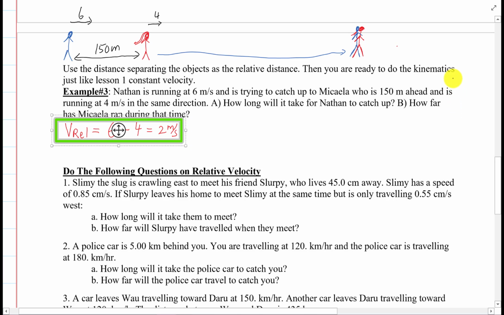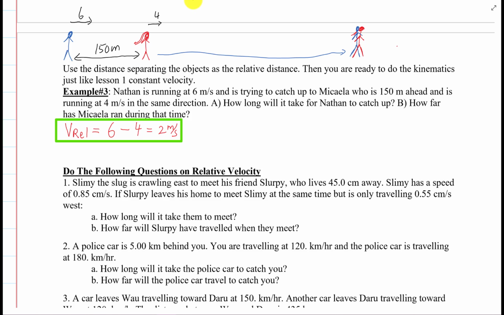This is how you show the marker that this is a relative velocity question. You've already told them that you know how to handle it because you're showing the two speeds you're taking in, 6 and 4, and that you're subtracting them and that the relative velocity is 2.